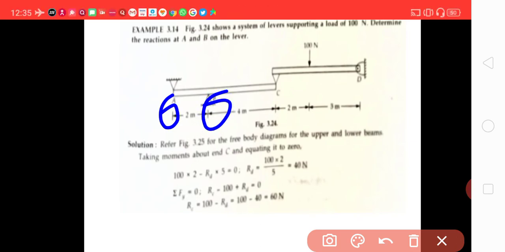For that, we will make use of free body diagrams for these two levers separately. First, we will use a free body diagram for lever CD, which is hinged at D and simply supported at C, and a 100 Newton load is acting on it.